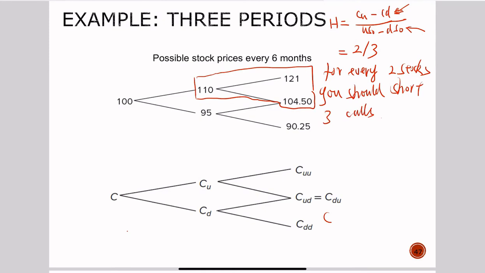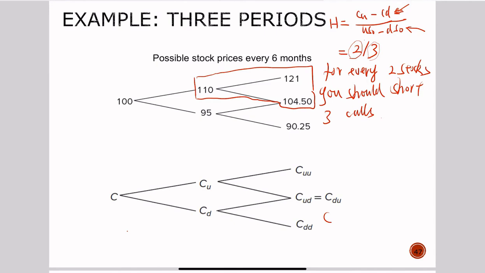Again, basically, the number 2 in this hedge ratio represents the variation in the call value, and 3 represents the variation in the stock value. This basically means the variation in call value is smaller compared with the variation in the equity value.